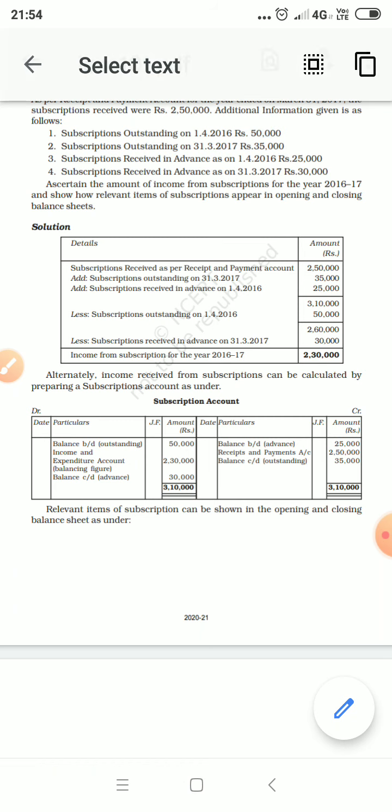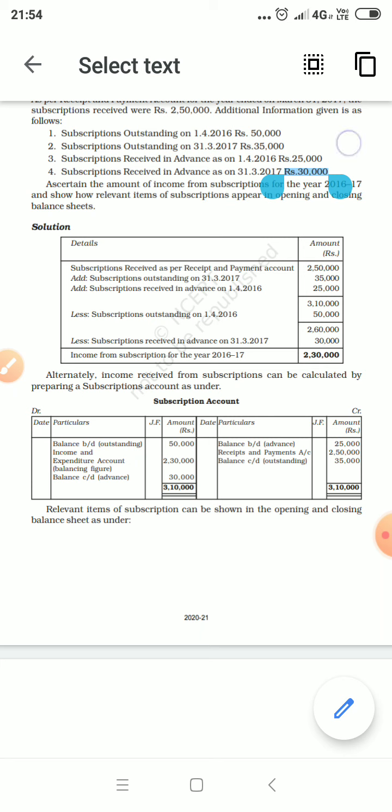Then subscription outstanding on 31st March 2017, current year's outstanding, is 35,000. Subscription received in advance as on 1st April 2016 is previous year's received in advance. It is actually current year's income. Remember that. And subscription received in advance as on 31/3/2017 is current year's received in advance.